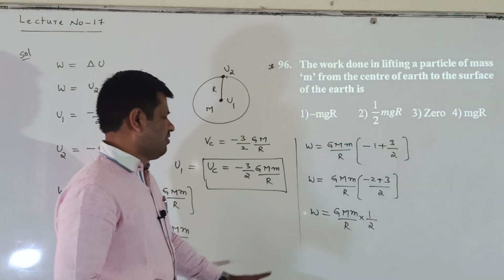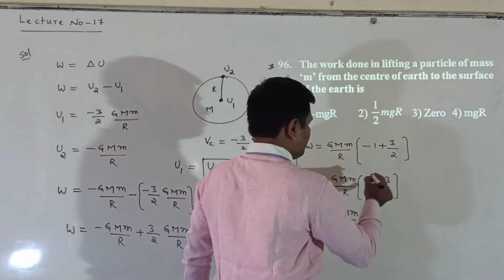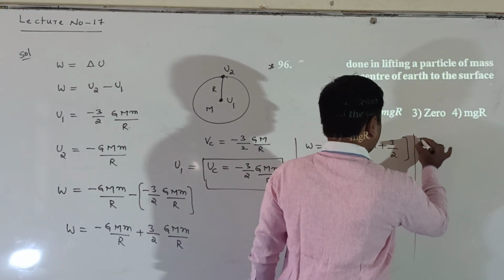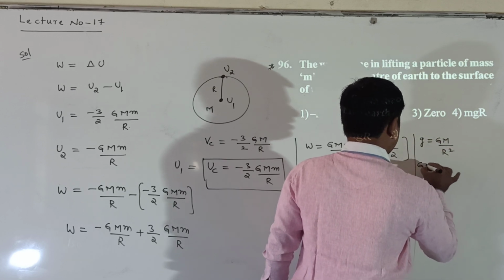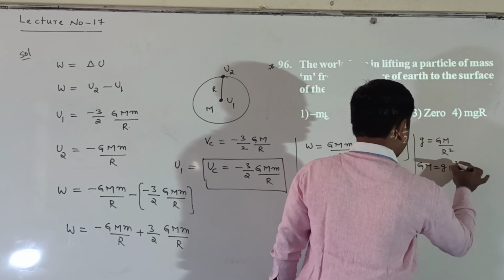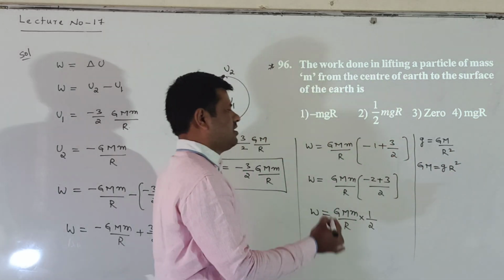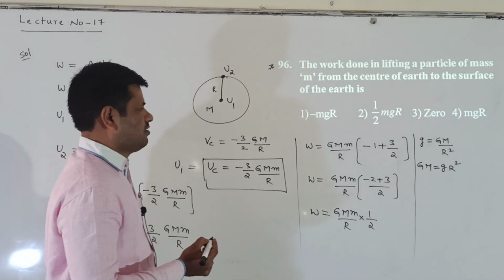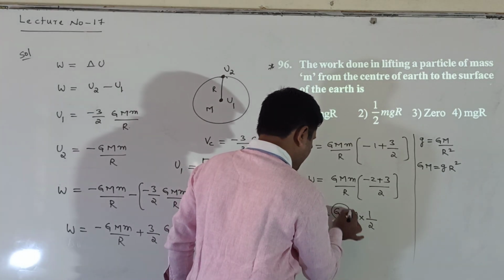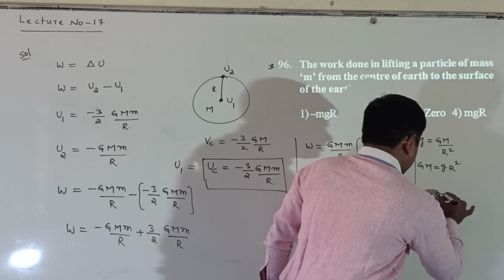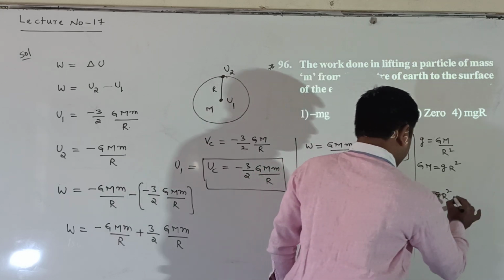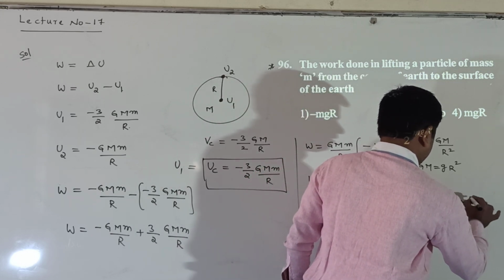But I want to change the GM value. In the previous problem also we discussed that g is equal to GM by R square, so GM is equal to g into R square. This is the acceleration due to gravity on the surface of the earth. So in place of GM, I write gR square. Work done is equal to gR square m by R into 1 by 2.